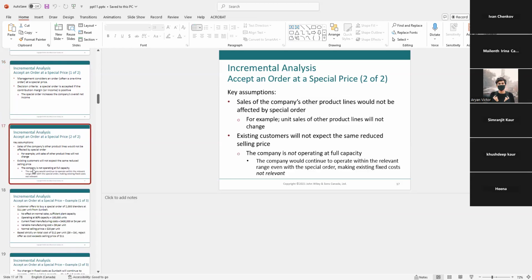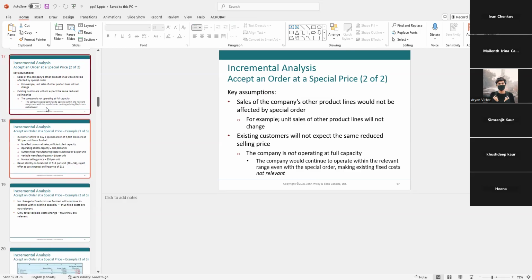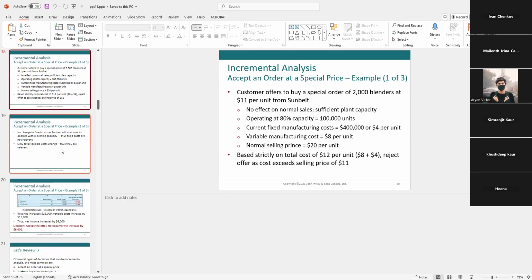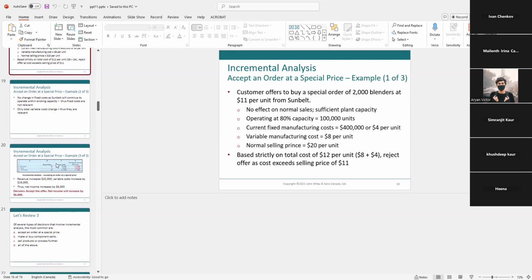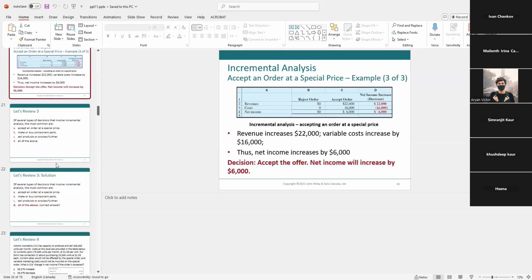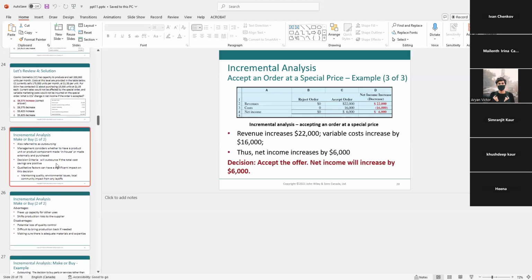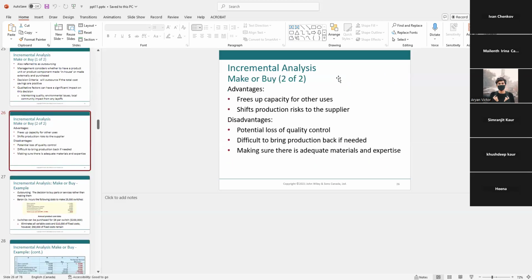That's purely on the quantitative side of the evaluation of the problem. And also this problem here with the incremental analysis is how to come up with the idea: are we getting money or not?